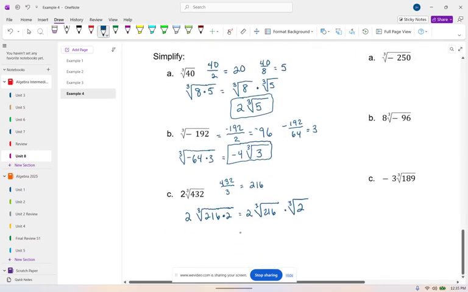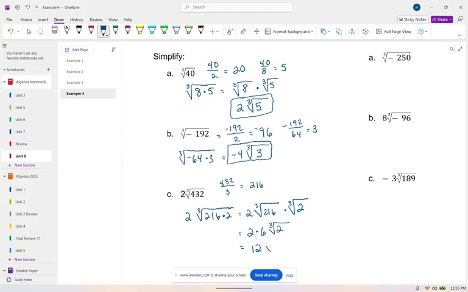So this will give me 2 times 6 cube root of 2. 2 times 6 is 12. And we're left with the cube root of 2 on the inside. So that's how you do that.